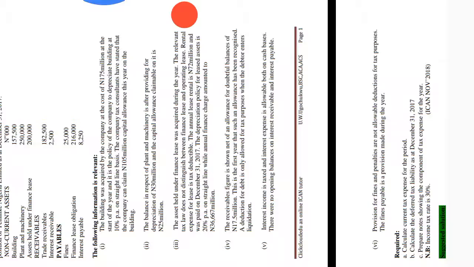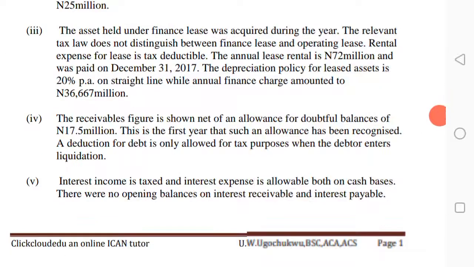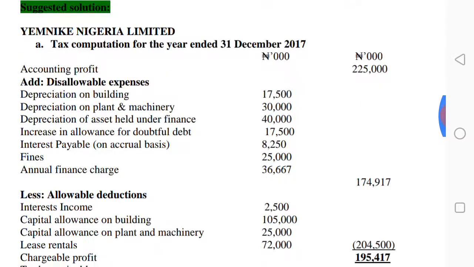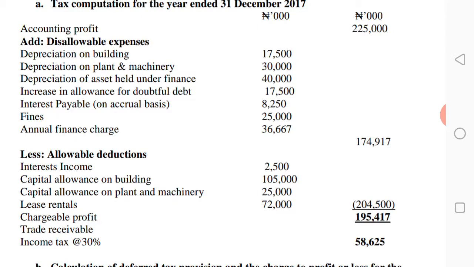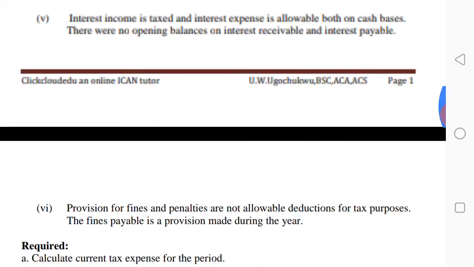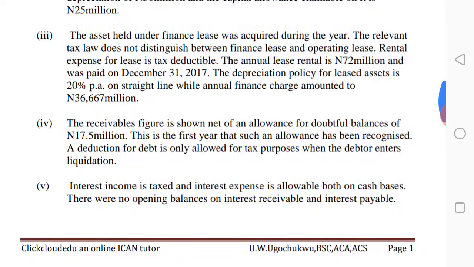So we add back the 17,500,000, which is given here.